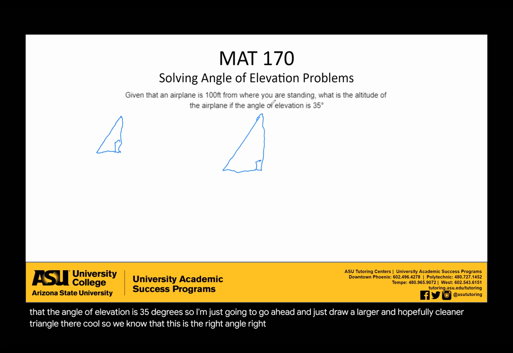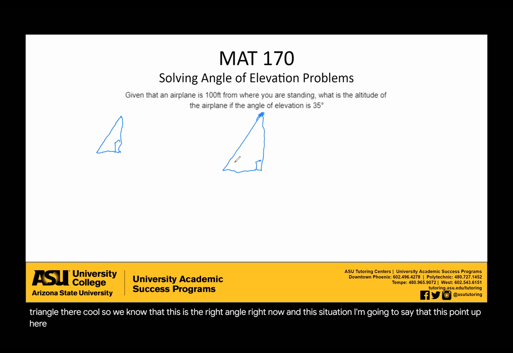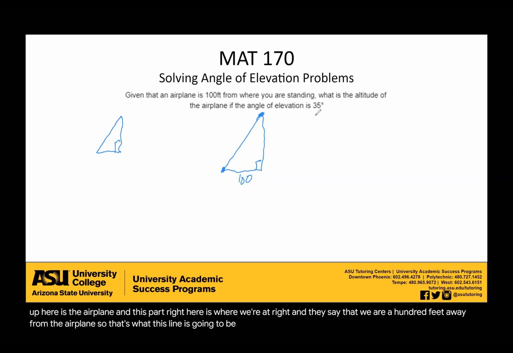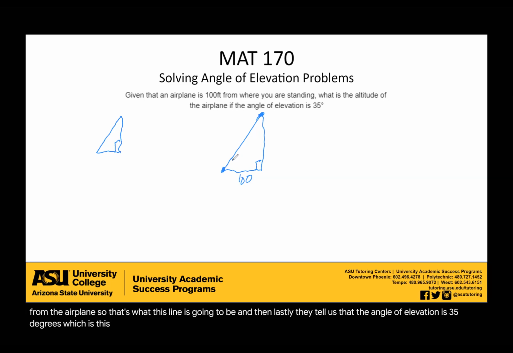This point up here is the airplane, and this part right here is where we're at. They say that we are 100 feet away from the airplane, so that's what this line is. Lastly, they tell us that the angle of elevation is 35 degrees, which is this angle here. That's what angle of elevation means.